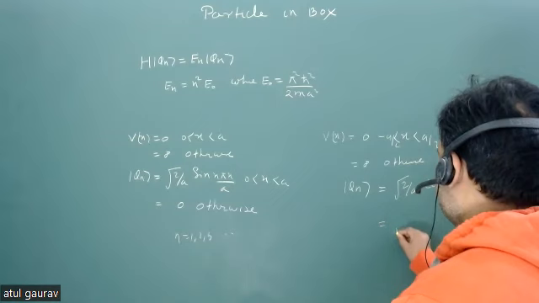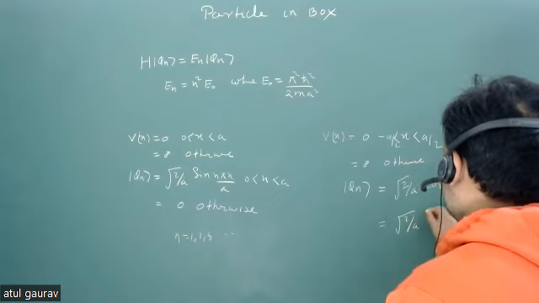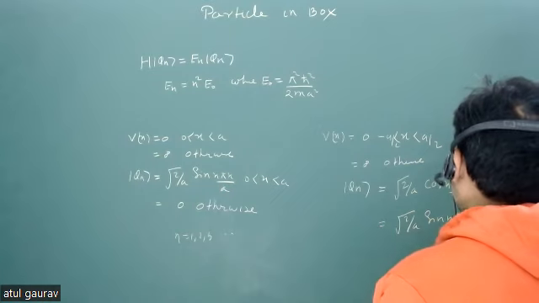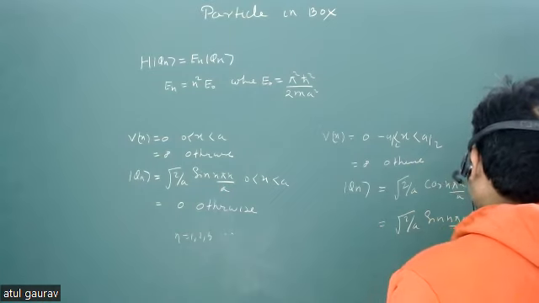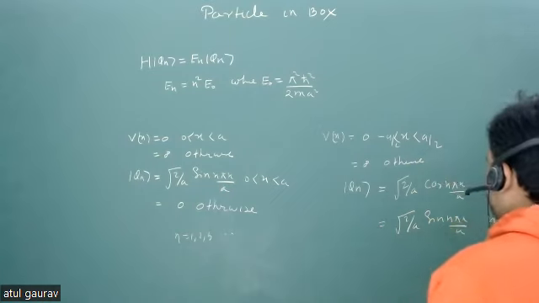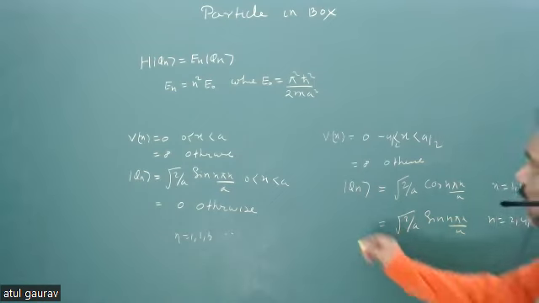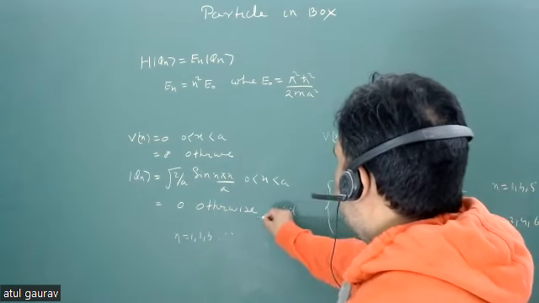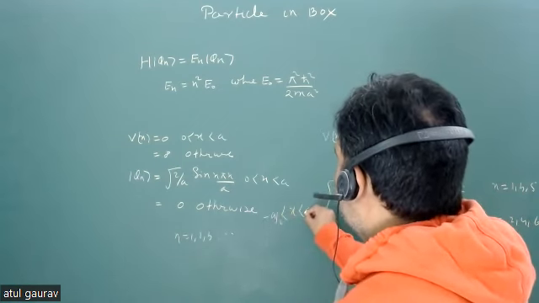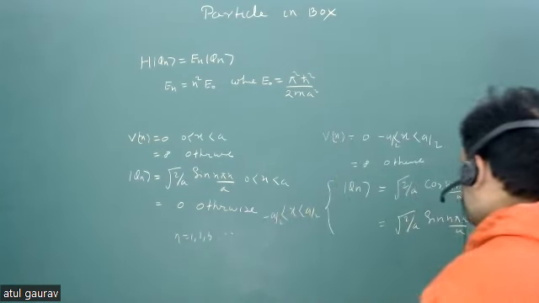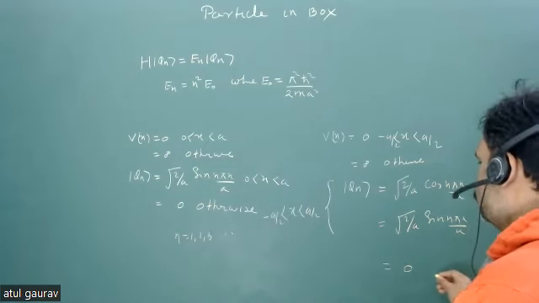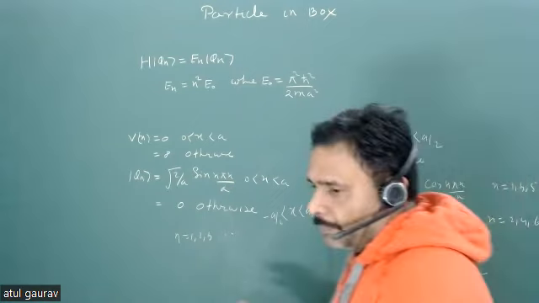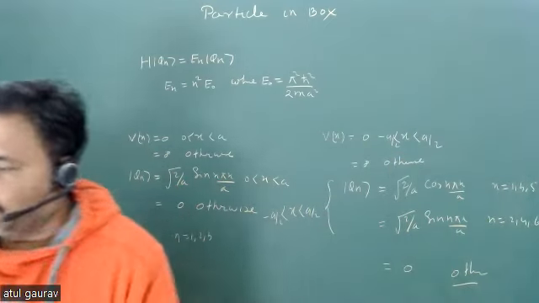And the same is root 2 by a sine n pi x by a when n is equal to 2, 4, 6 and so on. These two wave functions are for x between minus a by 2 and plus a by 2, and 0 otherwise. So this is the complete summary for this particular potential.